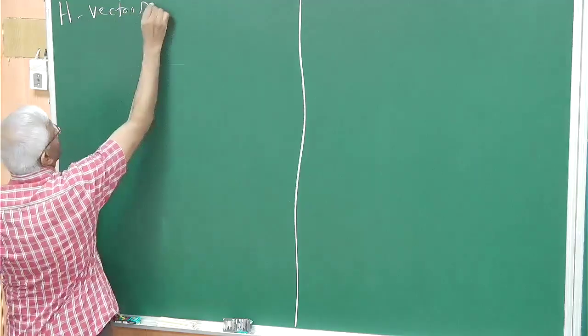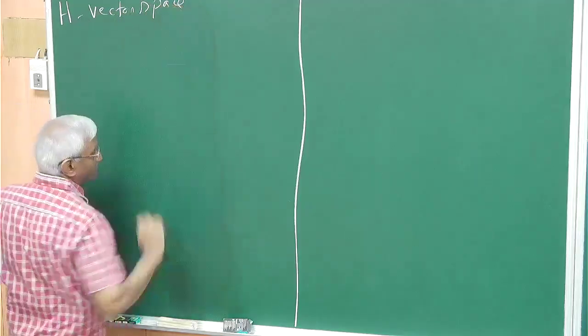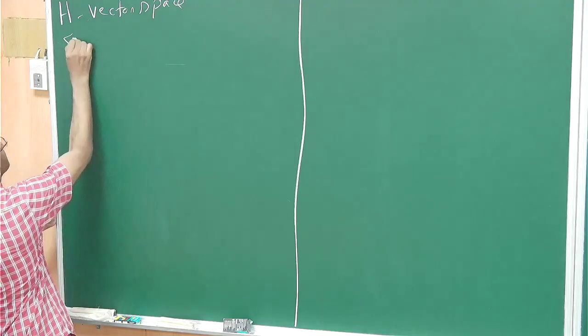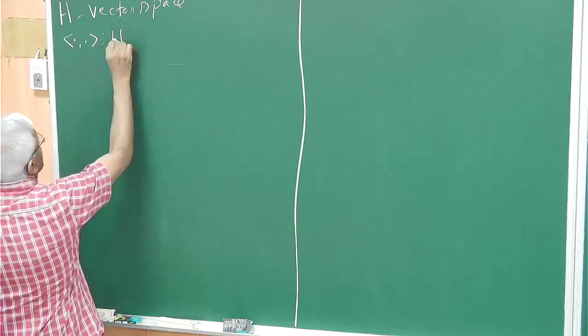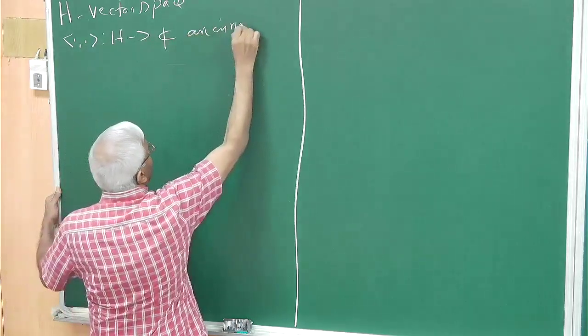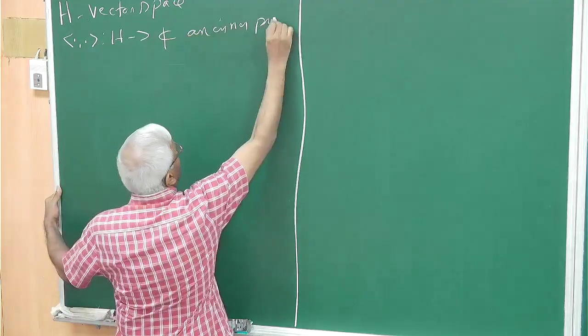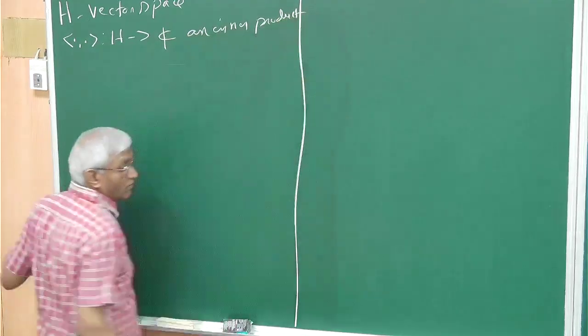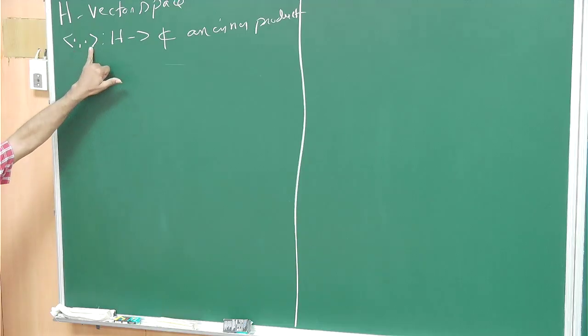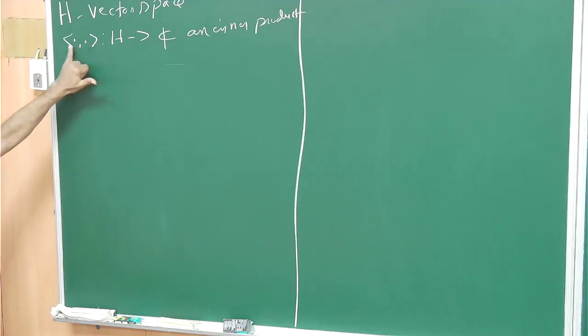We start with the vector space, and it has an inner product. We have already defined this maybe many times, more than once. So this is linear in the first variable, conjugate linear in the second variable. You can take an alpha out.